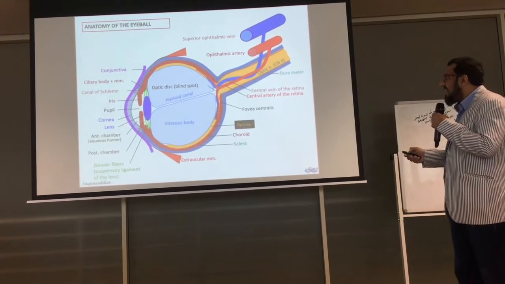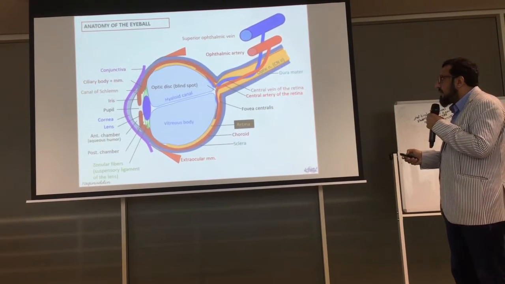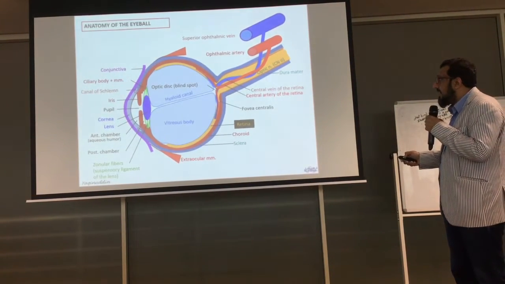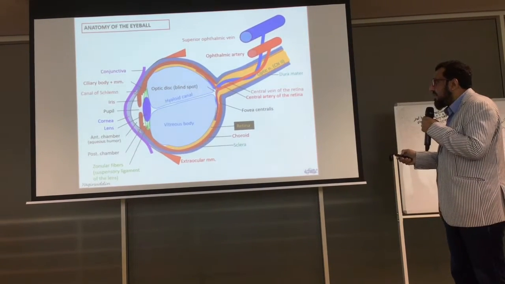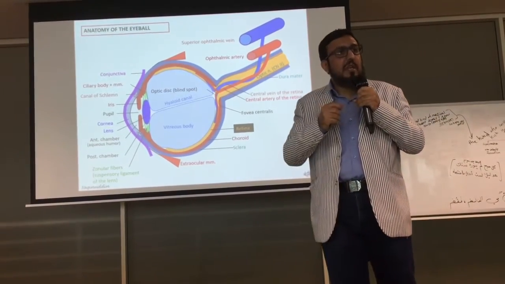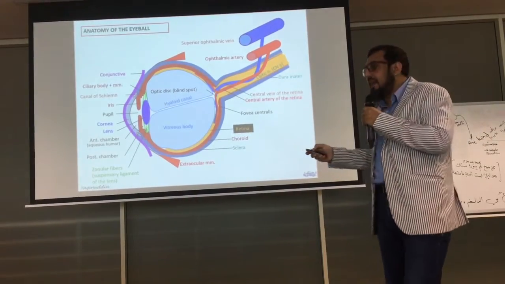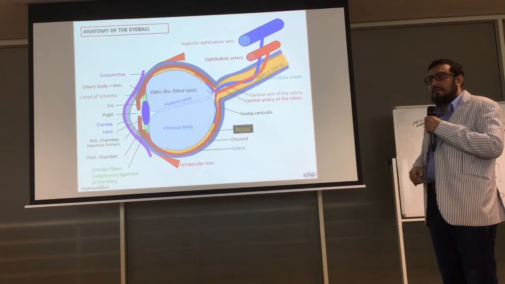So these two layers, the choroid and the retina, are sandwiched between the tough membrane of the sclera and this vitreous body, which is a gelatinous substance, pushing the structure outward, giving a complete spherical shape to the retina.